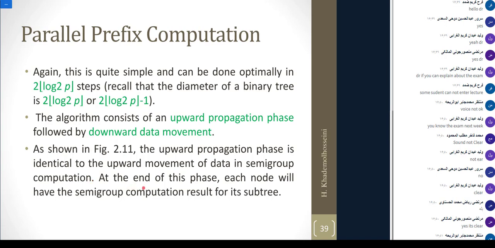But at the end of this phase, each node will have the semigroup computation result for its subtree. How about the downward phase? We will see it on the figure in the next slide.